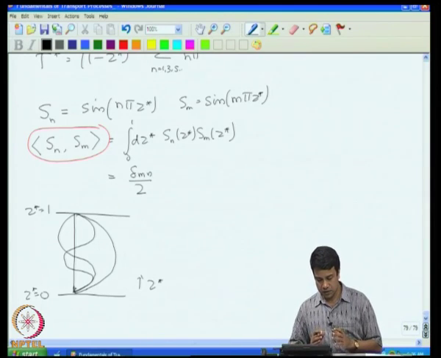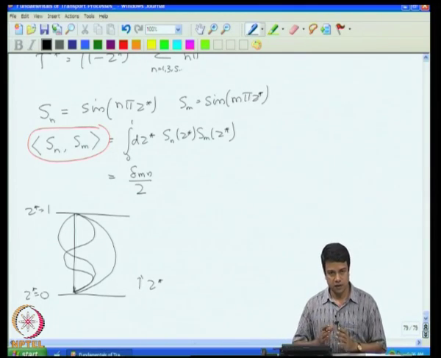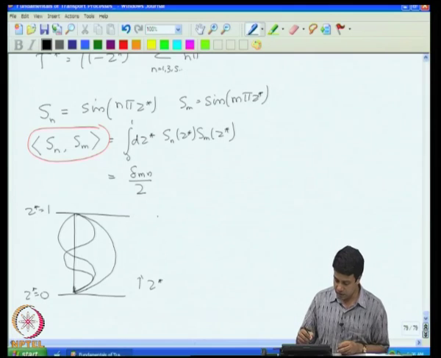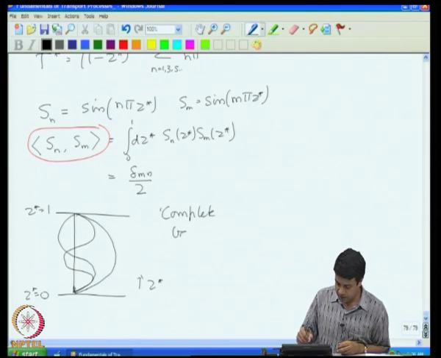So, basically I have a series of functions, each of which is orthogonal to every other function within this domain. And this forms what is called a complete basis set of functions.